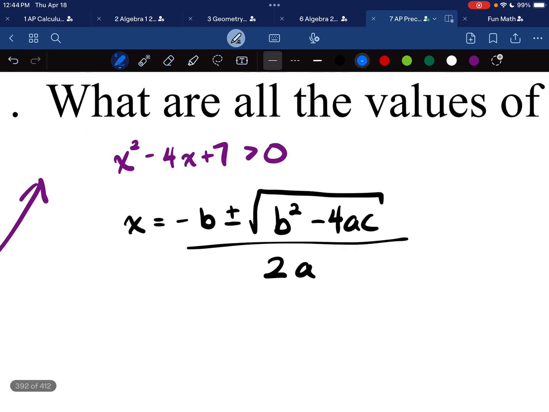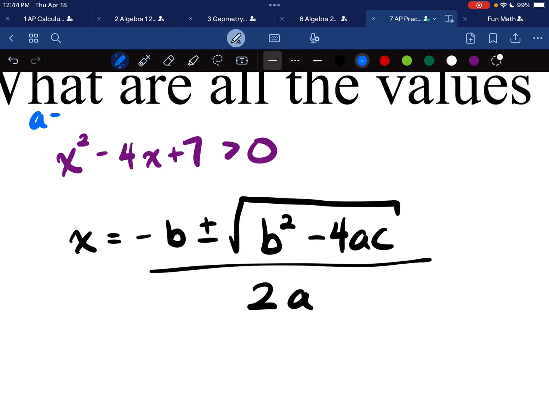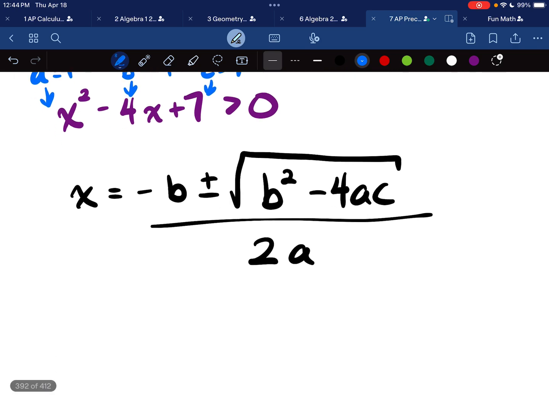Remember, our values of a, b, and c are going to be: a is going to be equal to 1 because of this value right here, b is going to be equal to negative 4 because of this value right here, and c is going to be equal to 7 because of this value right here.